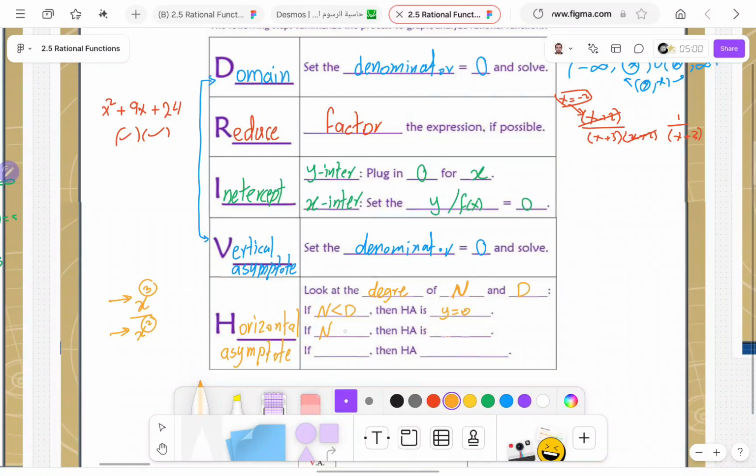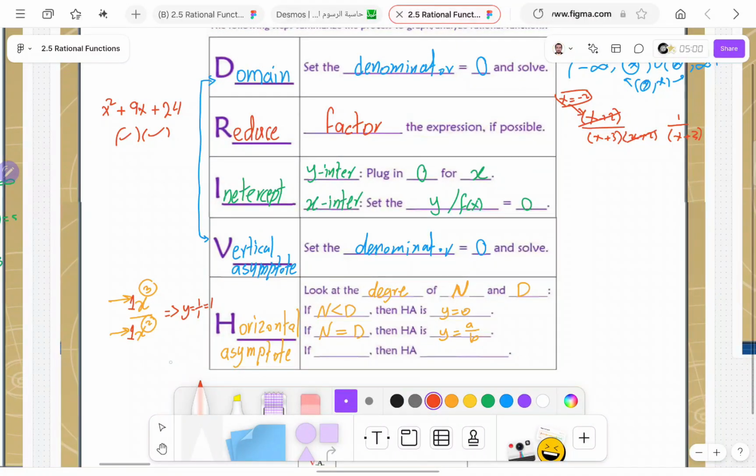Now if the degree of the numerator is equal to the degree of the denominator, then the horizontal asymptote will equal a over b. What's a over b? It's the constants. What's the constant here? It's 1. What's the constant here? 1. So y should equal 1 over 1.